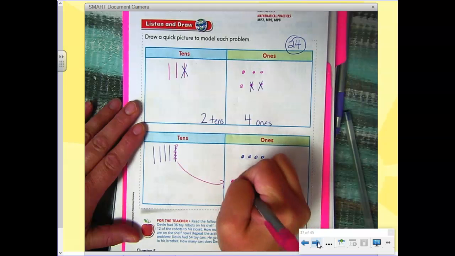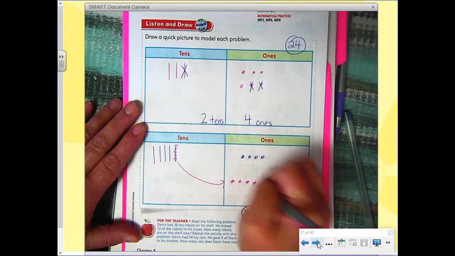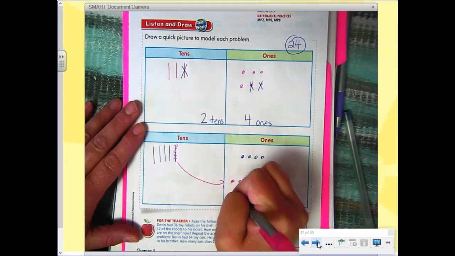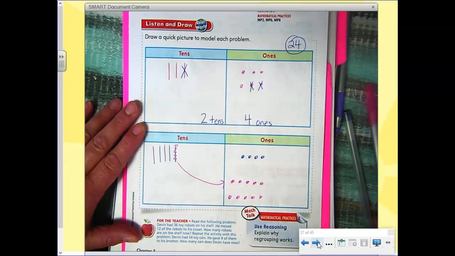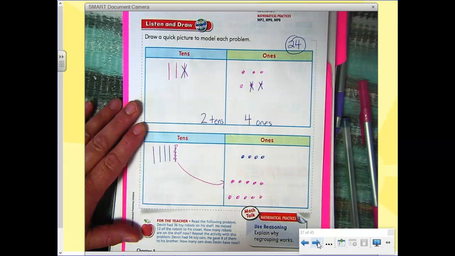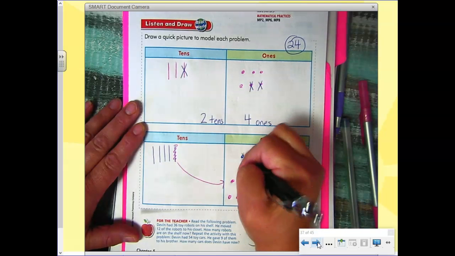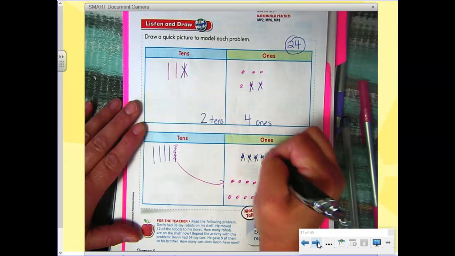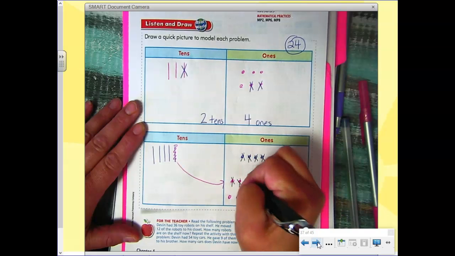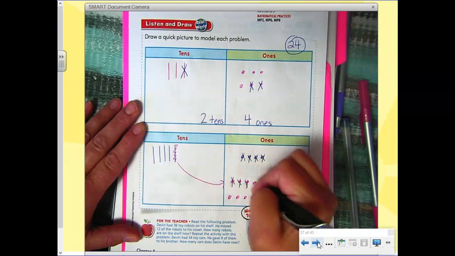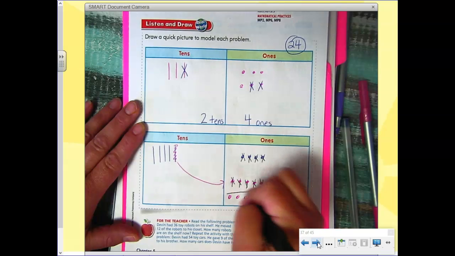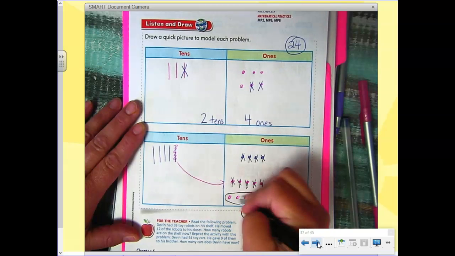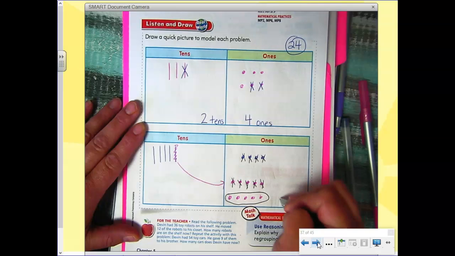So 1, 2, 3, 4, 5, 6, 7, 8, 9, 10. All right, now can I take away 9? Yes. 1, 2, 3, 4, 5, 6, 7, 8, 9. 1, 2, 3, 4, 5.